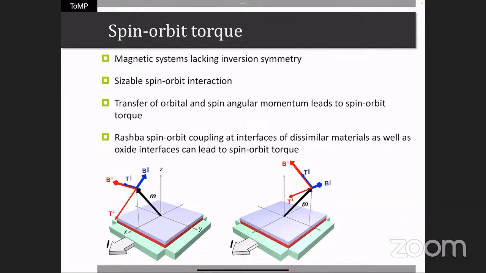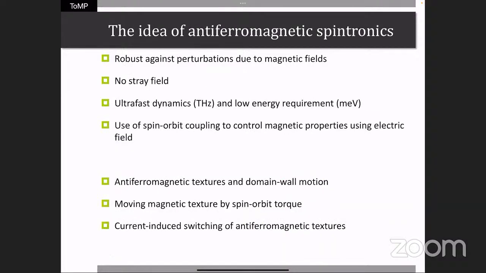Therefore, it can be of very much use. And the idea of antiferromagnetic spintronics is also of great promise, because it is robust against perturbation due to magnetic field. Antiferromagnets don't really get perturbed, and stray field also doesn't occur. And I already talked about the ultra fast operation.